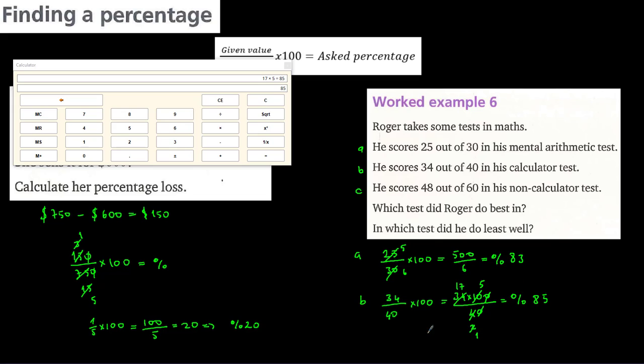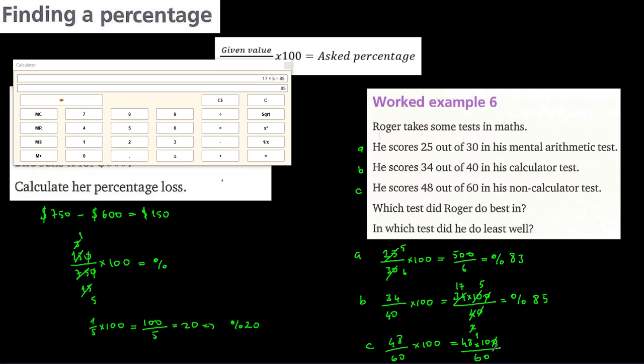And the last one is 48 out of 60. So we find 48 out of 60 times 100, which is 48 times 100 divided by 60.